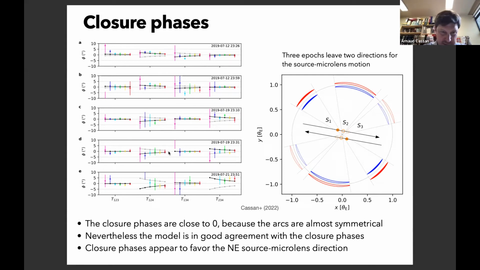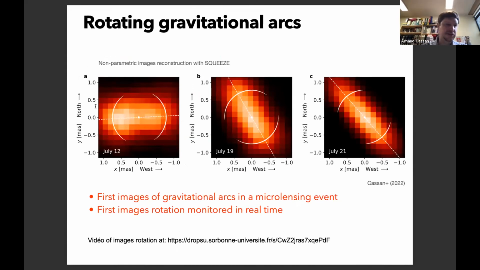The closure phases are compatible with this, and the preferred model is the black one, which is one of the trajectories here, the northeast trajectory. Of course, it is not a very strong signal in this case, but it is perfectly compatible with what we get later. So here is the series of the three images.